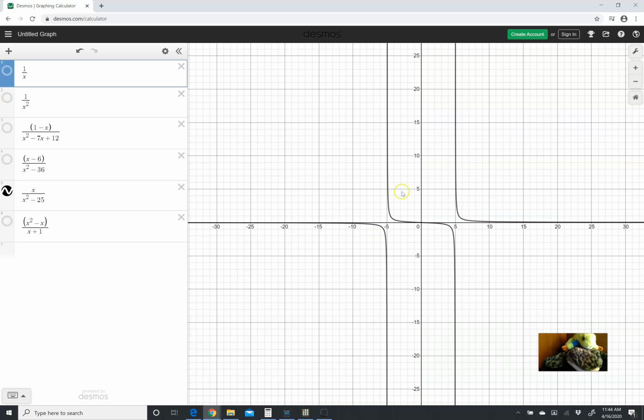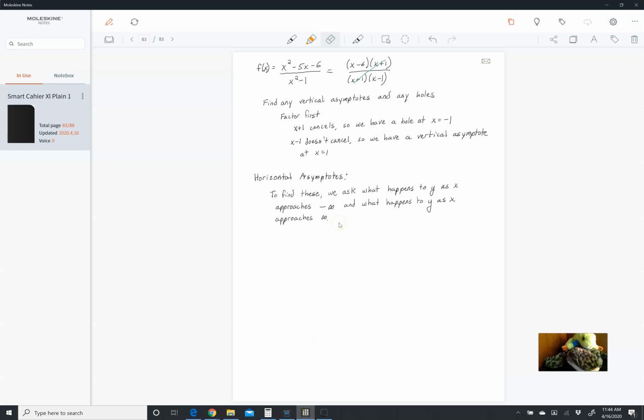Here, we have two vertical asymptotes. That's okay, because it'll still pass the vertical line test. Okay? If we have two horizontal asymptotes, it won't pass the vertical line test anymore. So that's just an important note as well. So there can only be one horizontal asymptote.